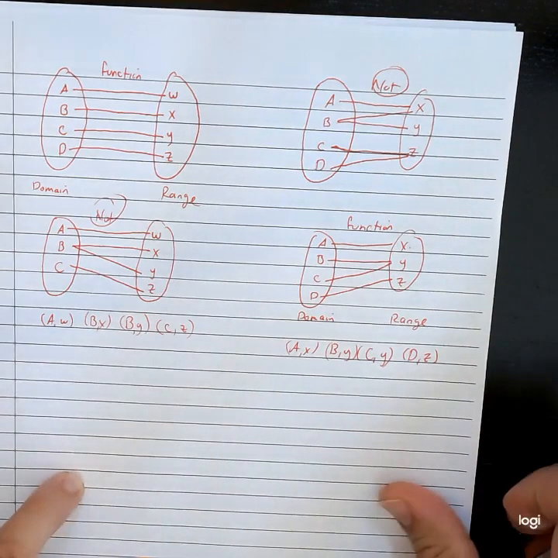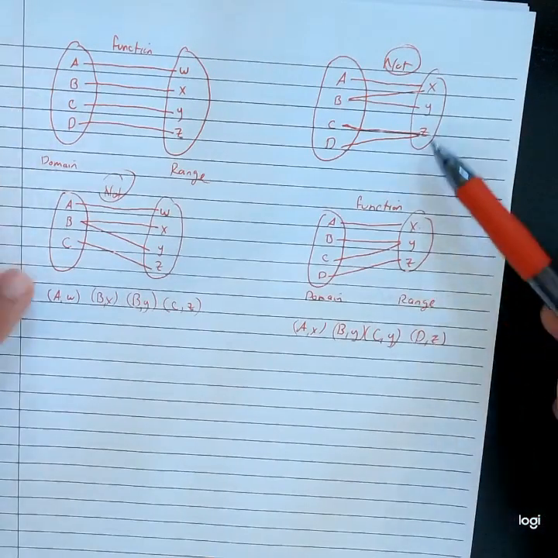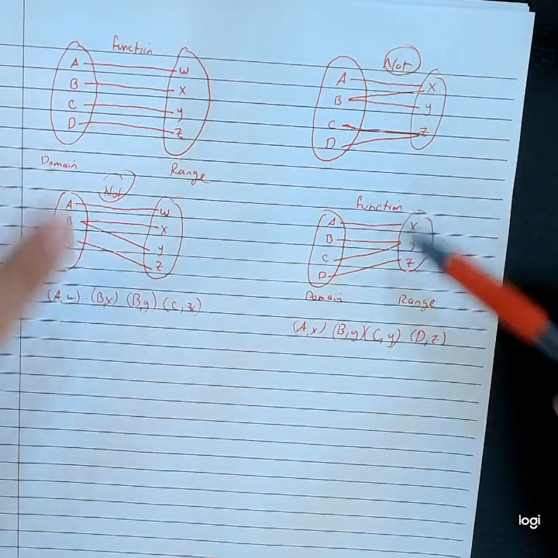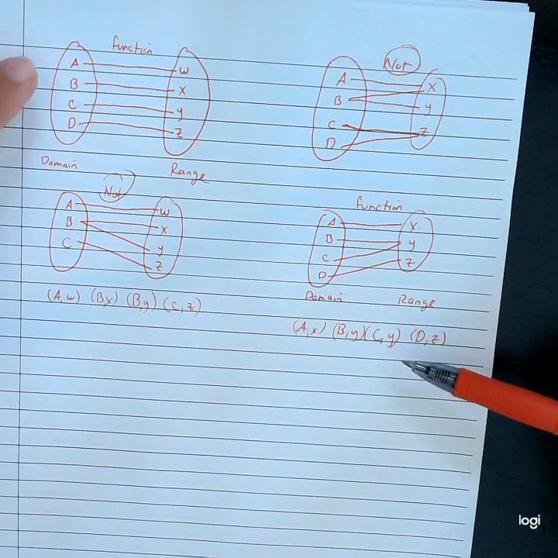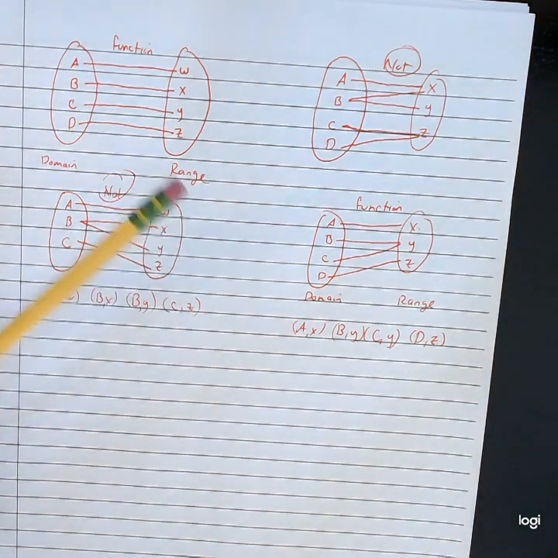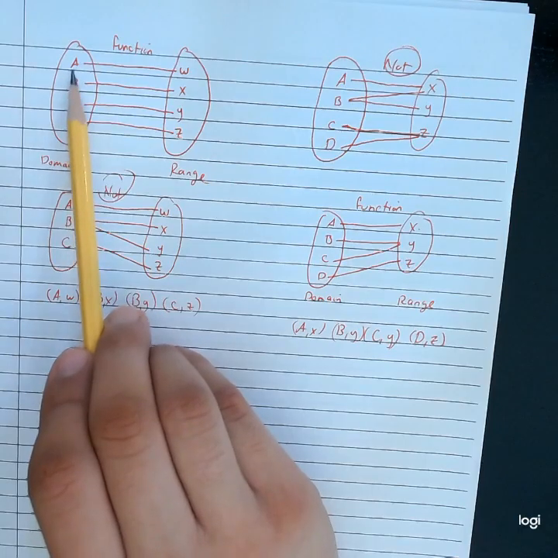Okay? So now, we have two examples of things that are functions and two examples of things that are not. All right, well, if they're not functions, then we're not going to worry about them in this section. Let's take a look at these. Both of these are functions, but notice that for this one, I could go in reverse. Meaning, if I tell you, if my first entry is A, what is my second entry?